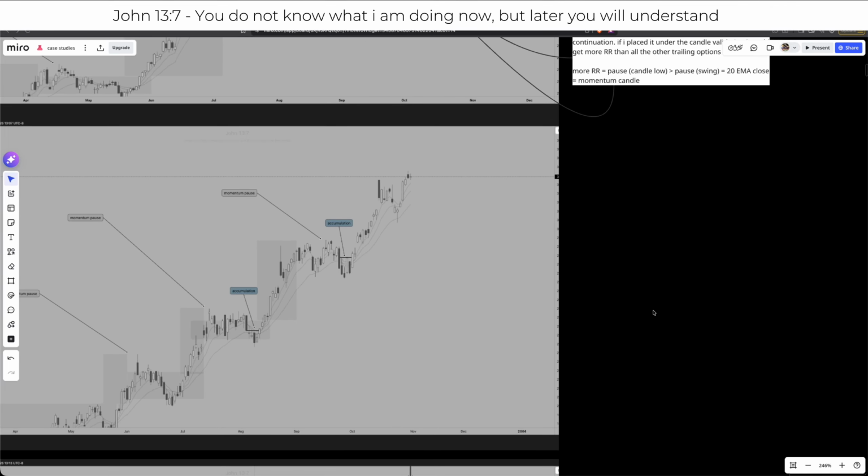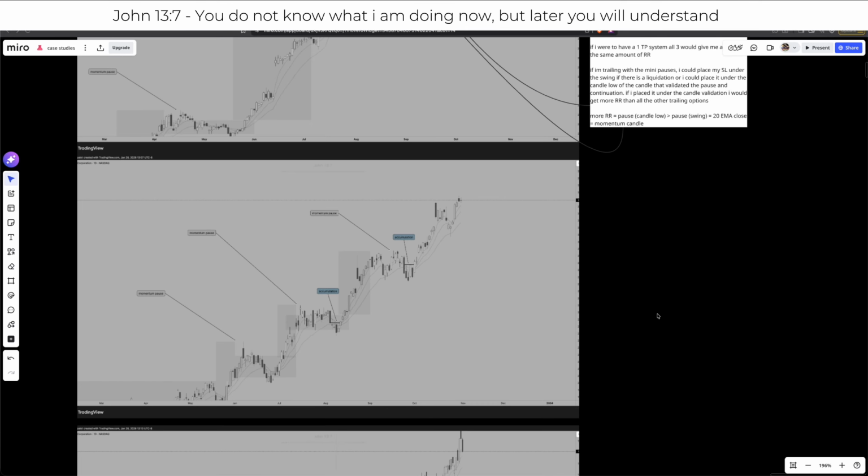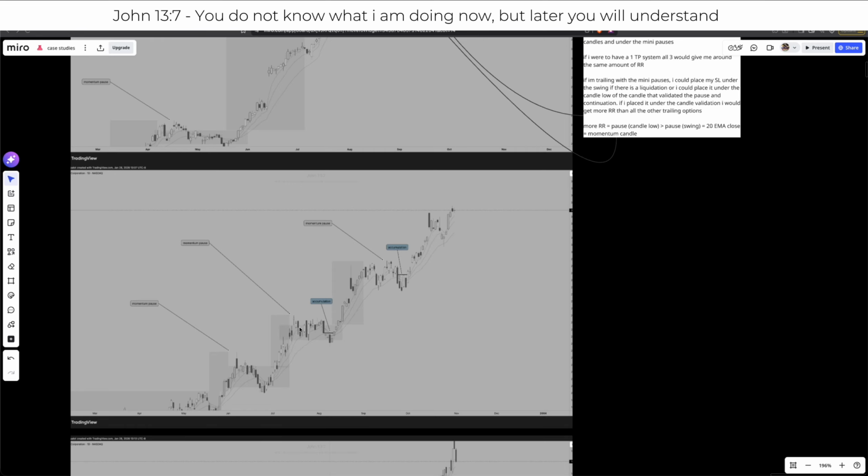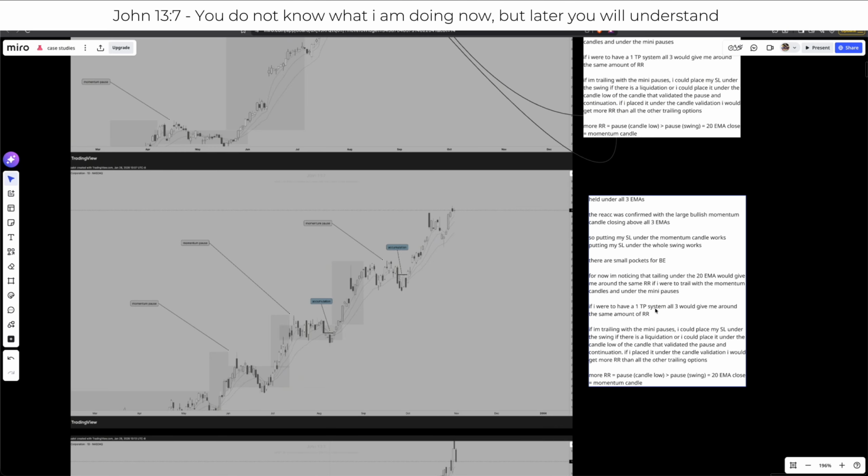So this one, this is a lot different. These were pretty ugly, I would say, just in terms of how it was going sideways. I don't really like that. So it held under all three MAs from here. It was a large bullish candle.